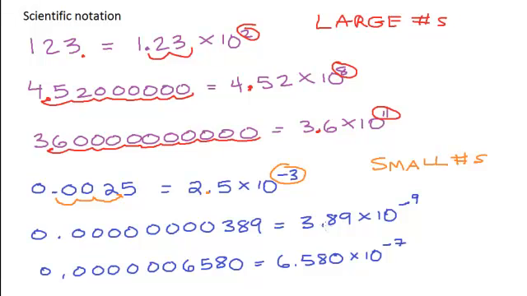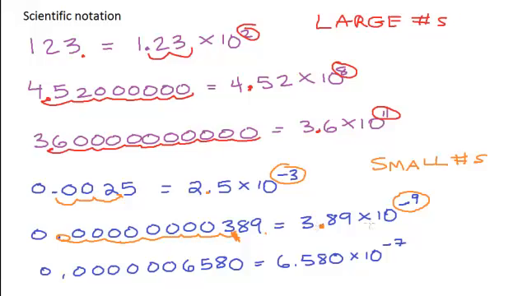In the second example, my decimal is here in scientific notation right after the 3. My exponent is a -9. That means, whoops, not from there, but from here, there are 1, 2, 3, 4, 5, 6, 7, 8, 9, if I counted right, 9 places that decimal place was moved to here, not to the end, but to right after the 3 like it is in my scientific notation.